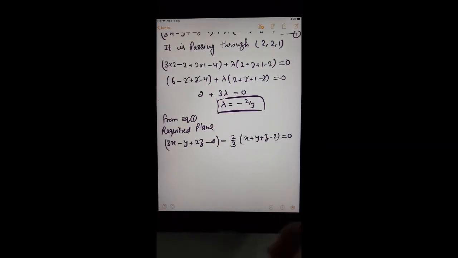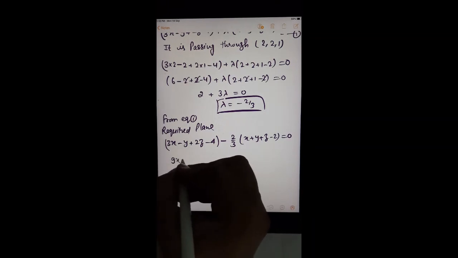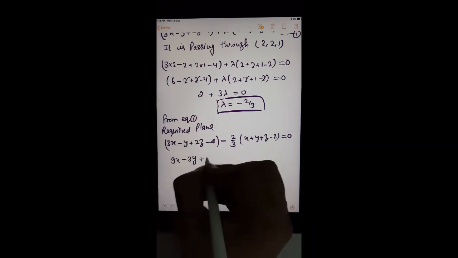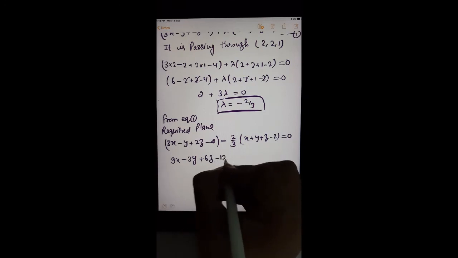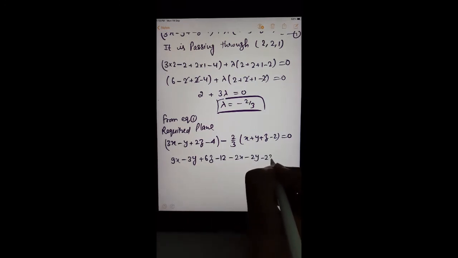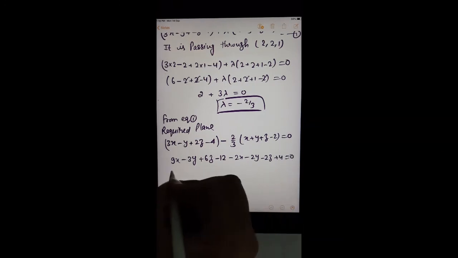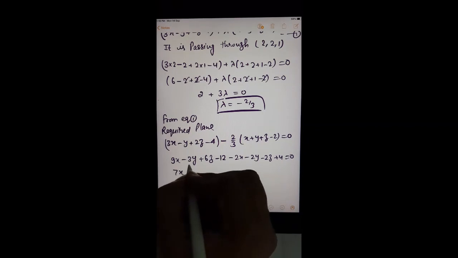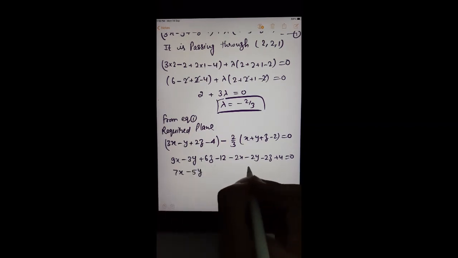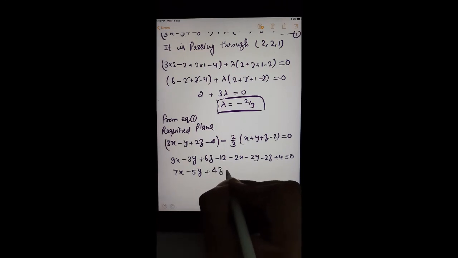So multiplying by 3 in the whole equation, we get 9x minus 3y plus 6z minus 12 minus 2x minus 2y minus 2z plus 4 equal to 0. So we get 9x minus 2x, that is 7x, minus 3y minus 2y, that is -5y, and 6z minus 2z, that is 4z, and -12 plus 4, that is -8 equal to 0.